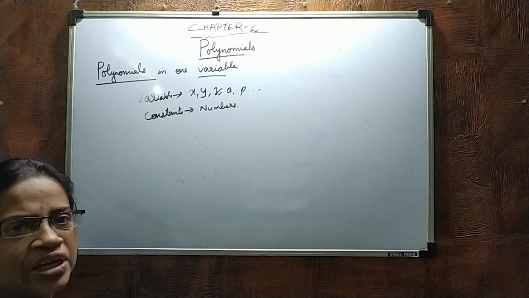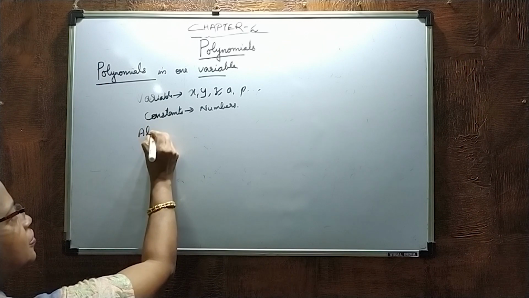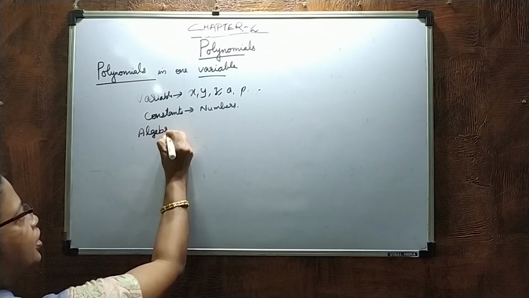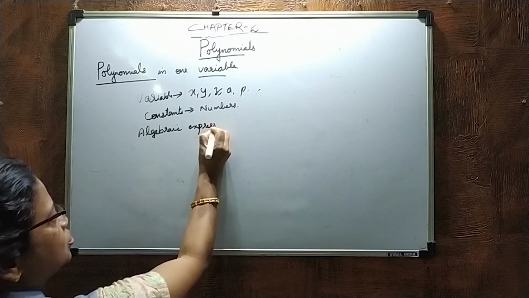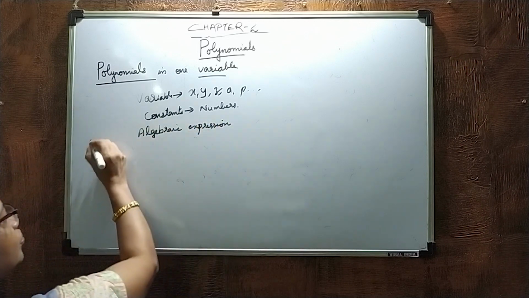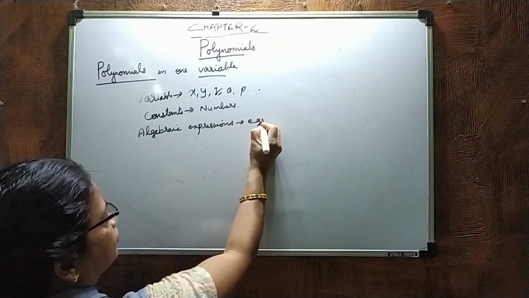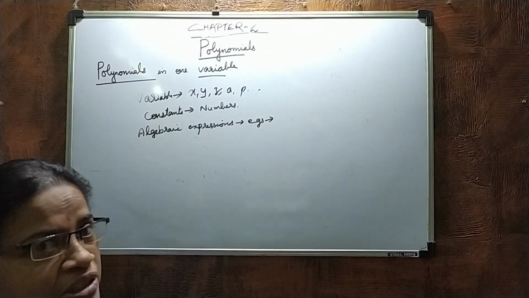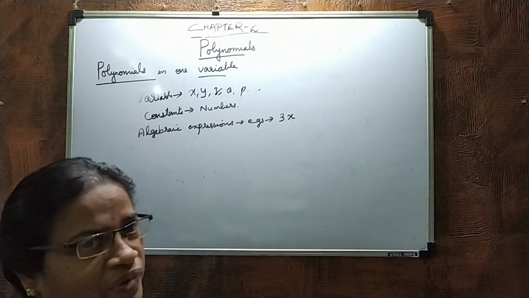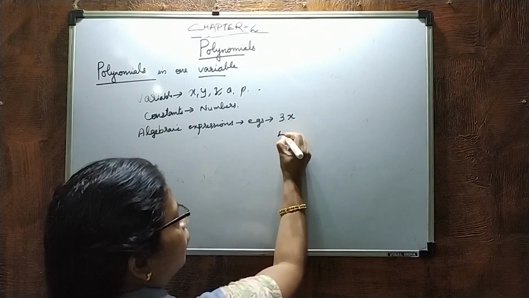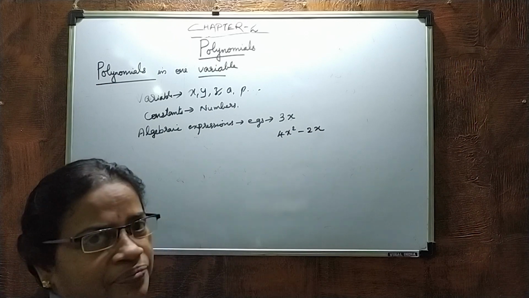Then what is the next one? We want the algebraic expression, which you have also studied. Can you say some examples? It is 3x, then 4x square minus 2x.